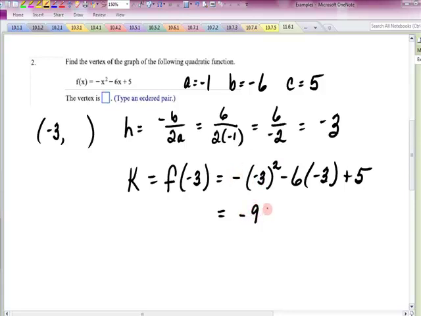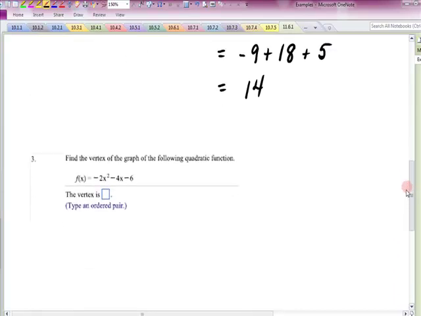So it's negative 9 plus 18, negative times negative, plus 5. That gives me, I believe, 14. So the vertex is the ordered pair negative 3, 14. You're not asked to graph it, but I will point out that because the A value is negative, this parabola opens downward.